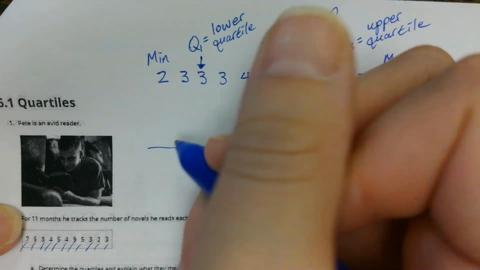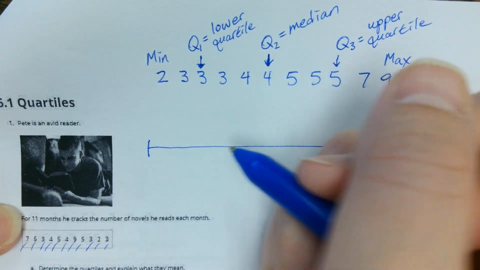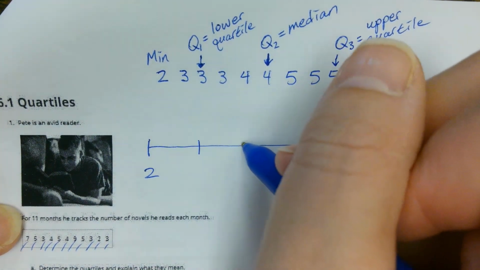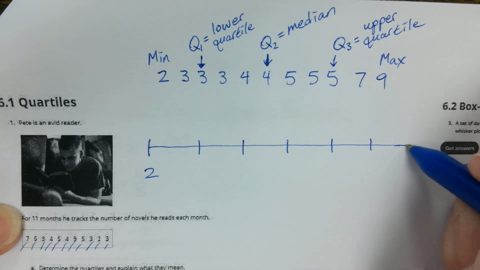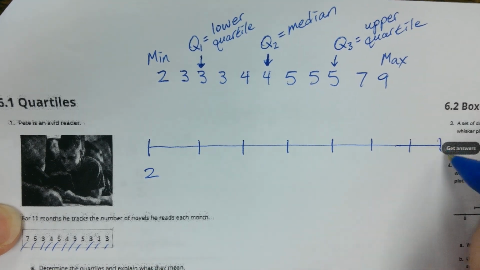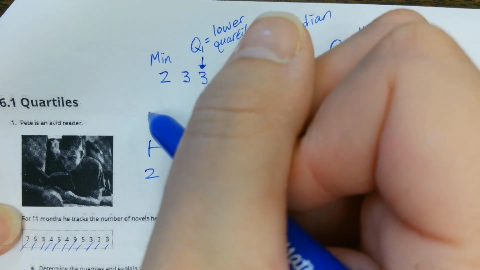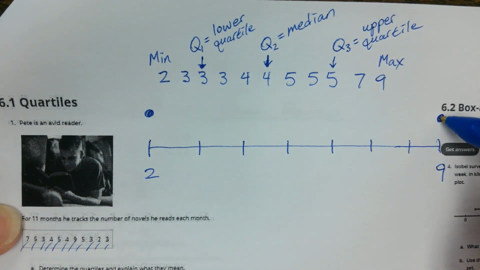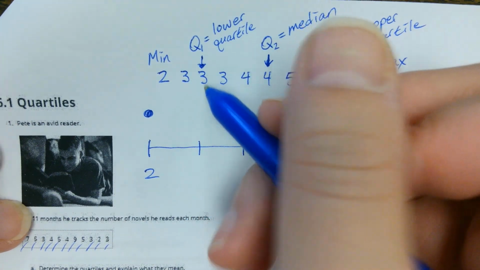A scale. Good job. So 2, 3, 4, 5, 6, 7, 8, 9. Okay. So my minimum, my maximum, and then Q1 is at 3.